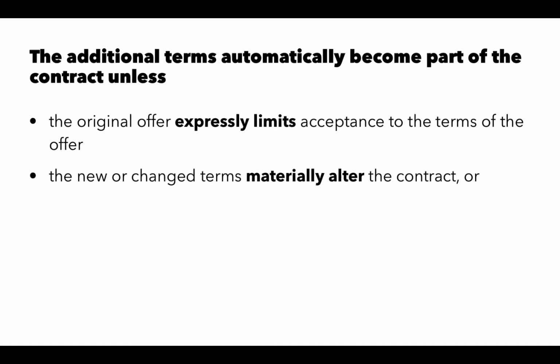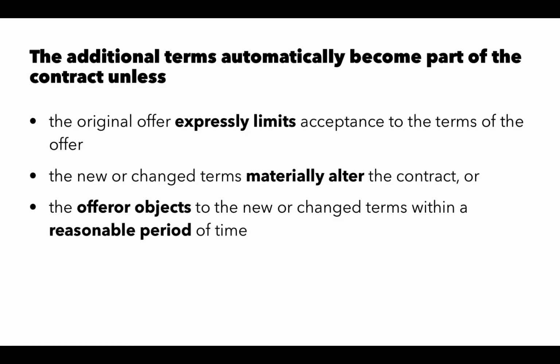If the new or changed terms materially alter those types of terms, they do not become part of the contract. And finally, if the offeror objects to the new or changed terms within a reasonable period of time, then the additional terms do not form part of the contract. The contract is formed according to the original terms.